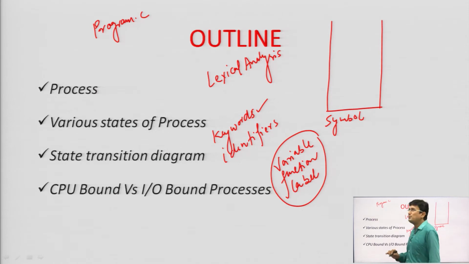So, there are certain rules by which we can write these identifiers. For example, in C language, an identifier name has to start with an alphabet or the underscore. It cannot contain any special symbol other than the dollar, and the identifier is a combination of alphabets, numerals, dollar and the underscore, but it has to start with the alphabet or the underscore.